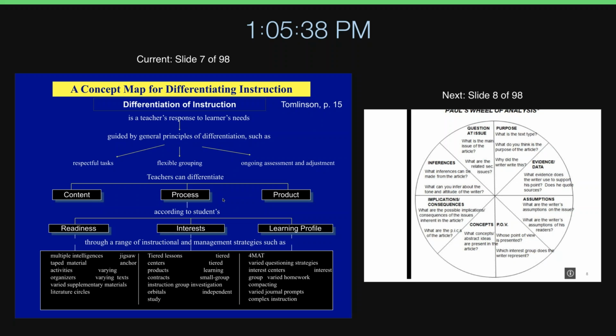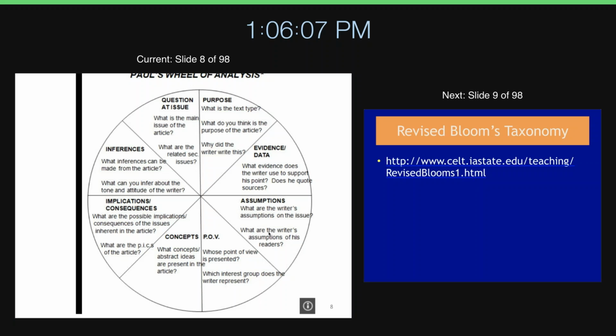If you look, and I don't know if my little pointer will show up, in the middle, you will see readiness, interest, and then learning profile. With learning profile, I want to emphasize again, we're talking about students who are culturally different, and therefore their culture cannot be ignored. We cannot have a culture blind perspective.